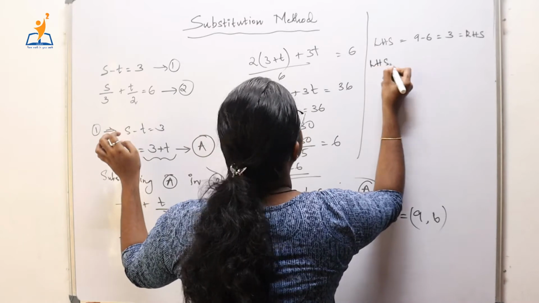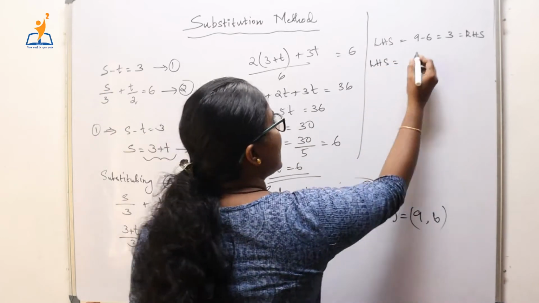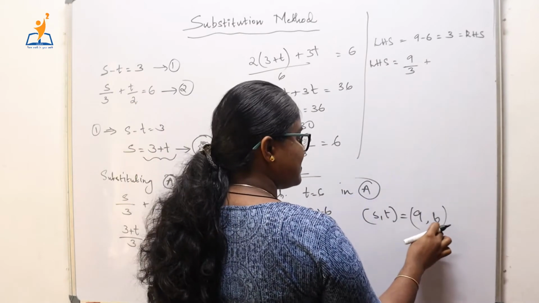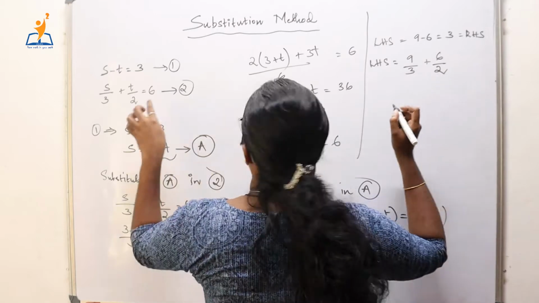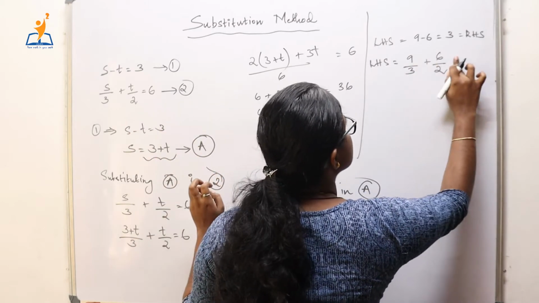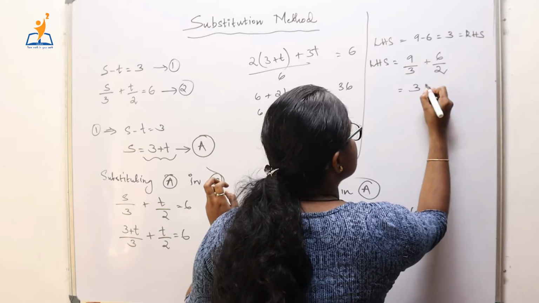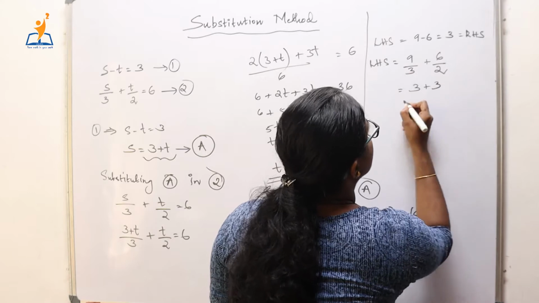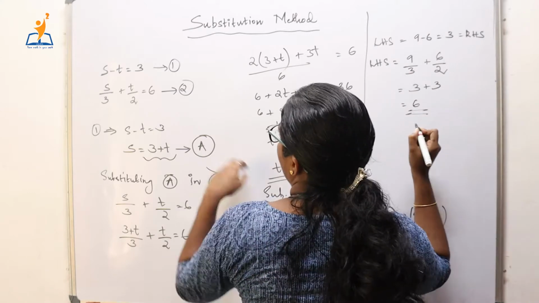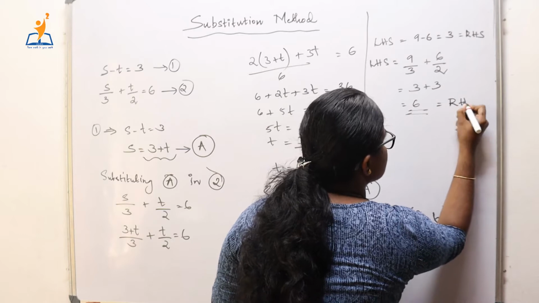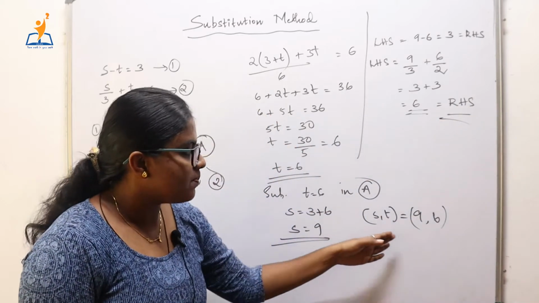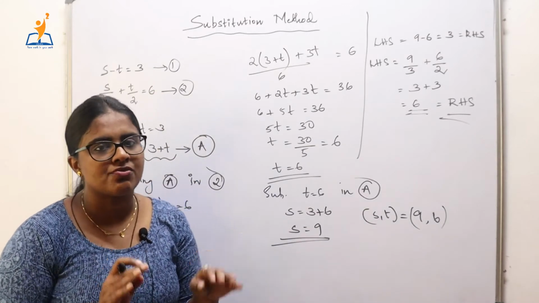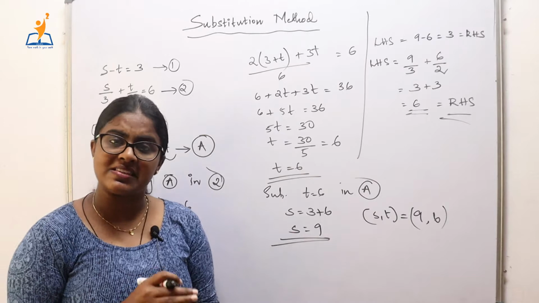Starting with the LHS, we have s by 3, that is 9 by 3, plus t by 2, that is 6 by 2. 9 by 3 is 3 and 6 by 2 is 3. Now 3 plus 3 is 6 and that's our RHS. So the verification part is also over, because (9, 6) is the solution for both of these equations, and that's the solution for this pair of linear equations in two variables.